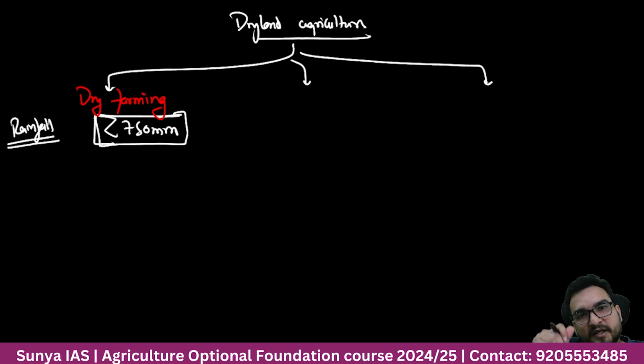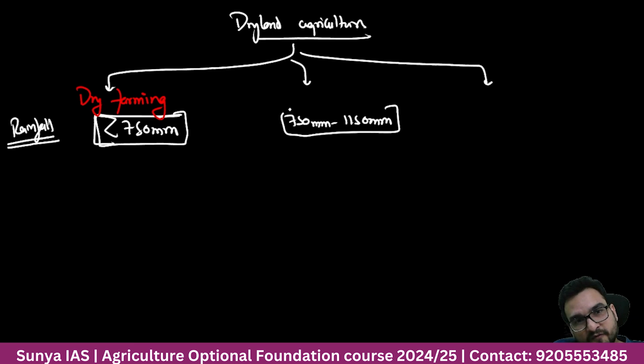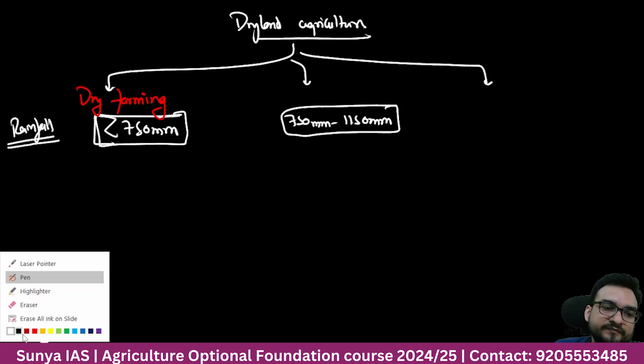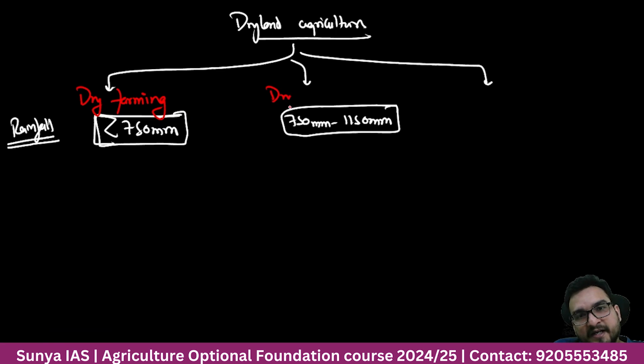And where crop cultivation is happening between 750 mm to 1150 mm, we call those areas dryland farming areas. Now don't get confused between these words, dryland and so on, why we are keeping these.